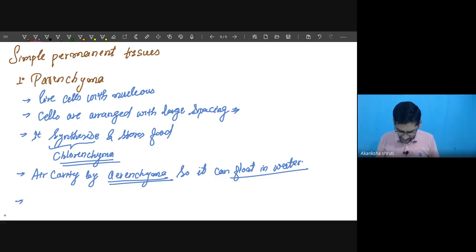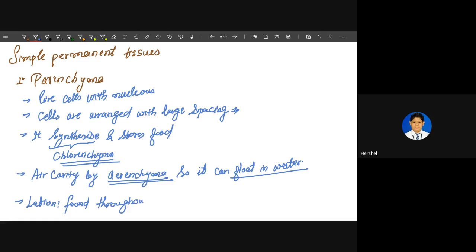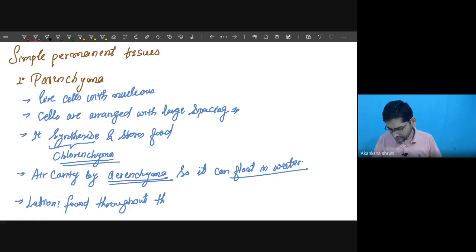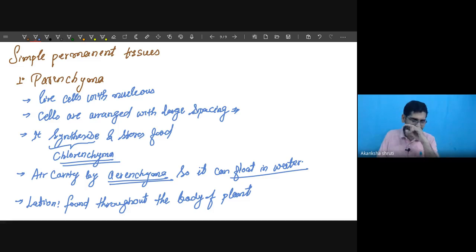Where is it found, meaning the location? It is found throughout the body of the plant, whether it is the root, stem, tip or leaf, everywhere this tissue is present.